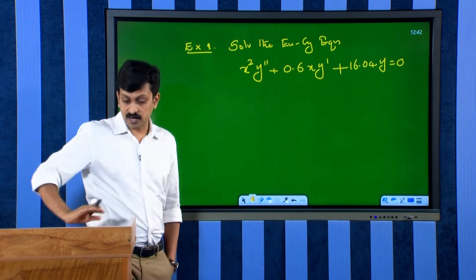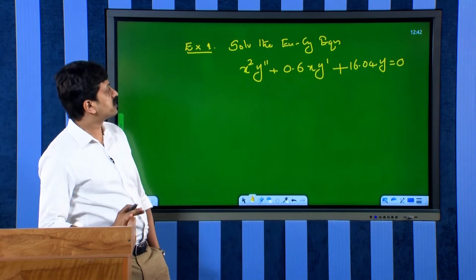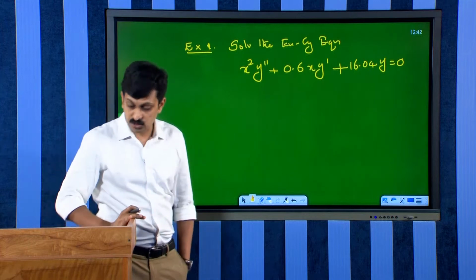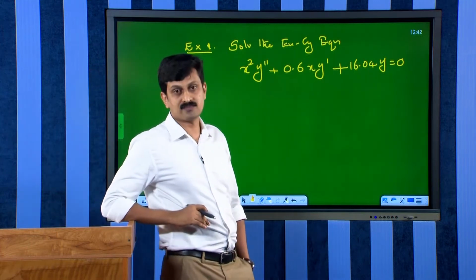That is, x square y double dash plus 0.6 x y dash plus 16.04 y is equal to 0.